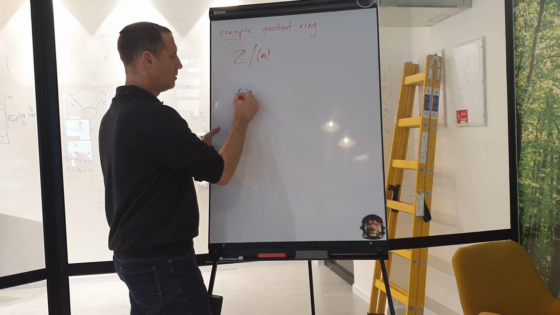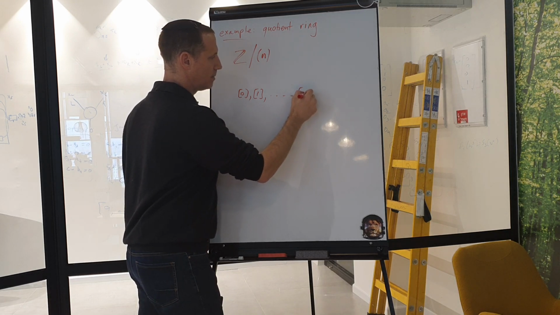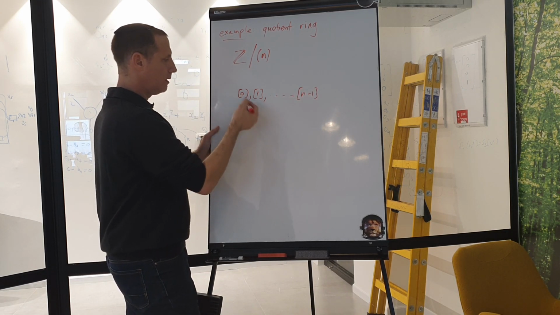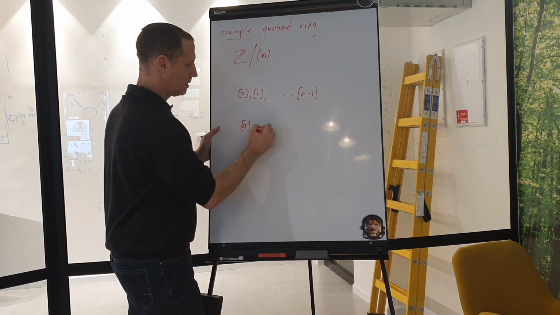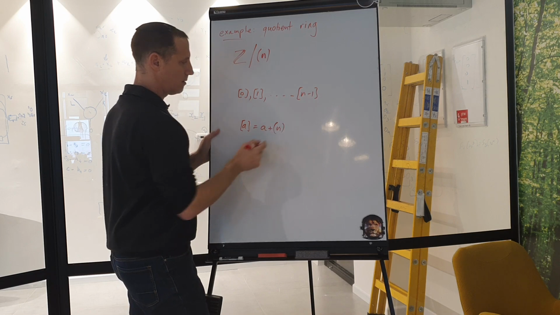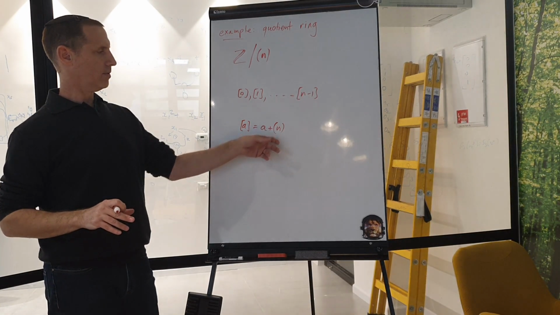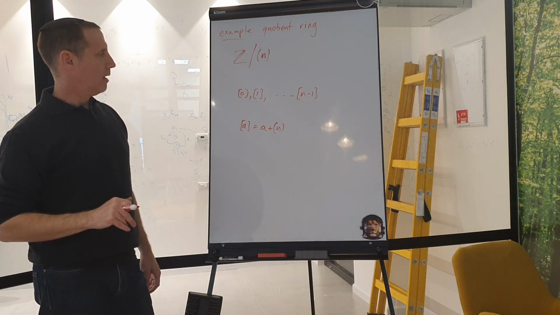It would be 0 and 1, and everything up to n minus 1, okay? And each element here, if I take A, it's A plus the ideal. We see that it's just like an offset or a translation of the basic ideal.